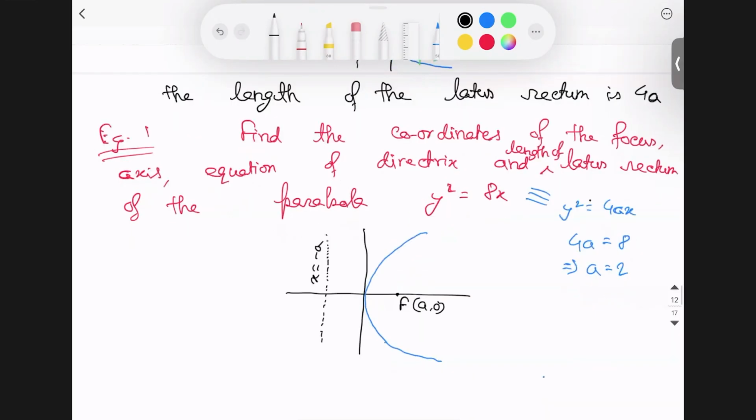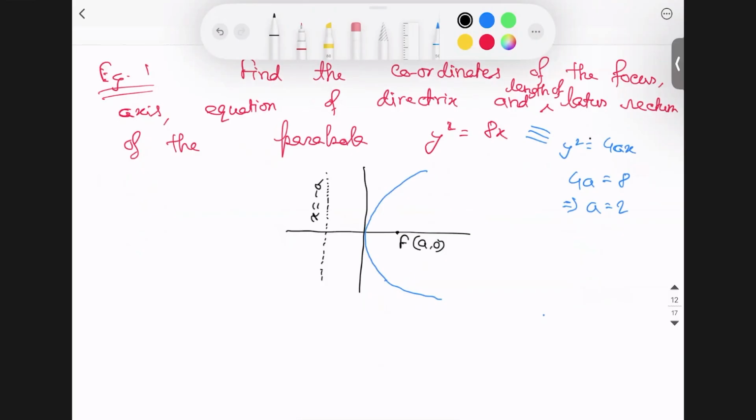Now we have a equals 2, then the focus is at the point 2 comma 0.